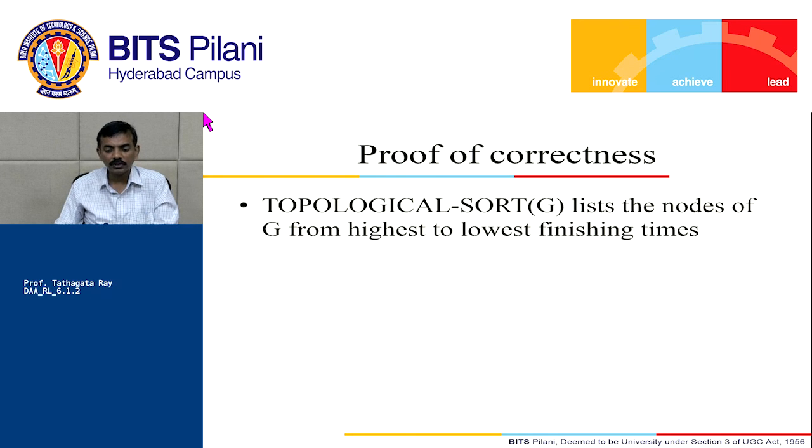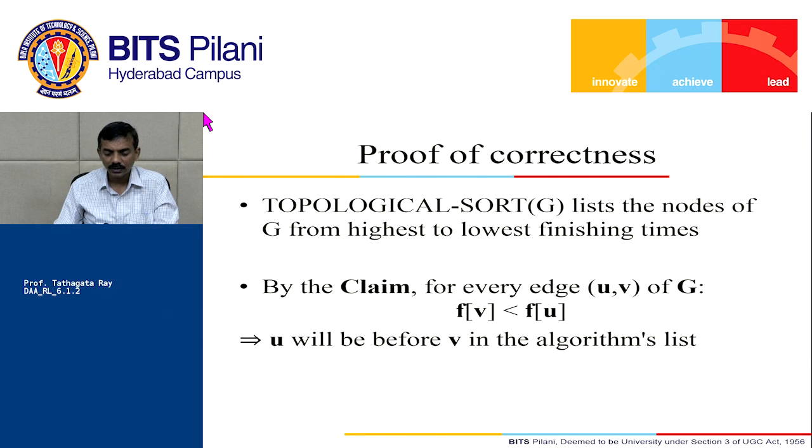So the topological sort of G lists the nodes of G from highest to lowest finish times. From the claim we just showed, for every edge uv of G, finish time fv is less than finish time of u. So for every edge from u to v in topological sort order, u must have finished later than v.